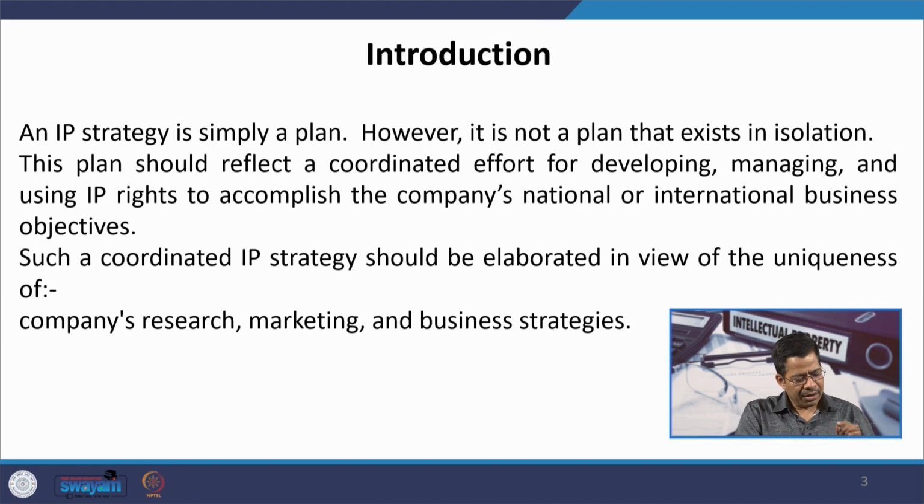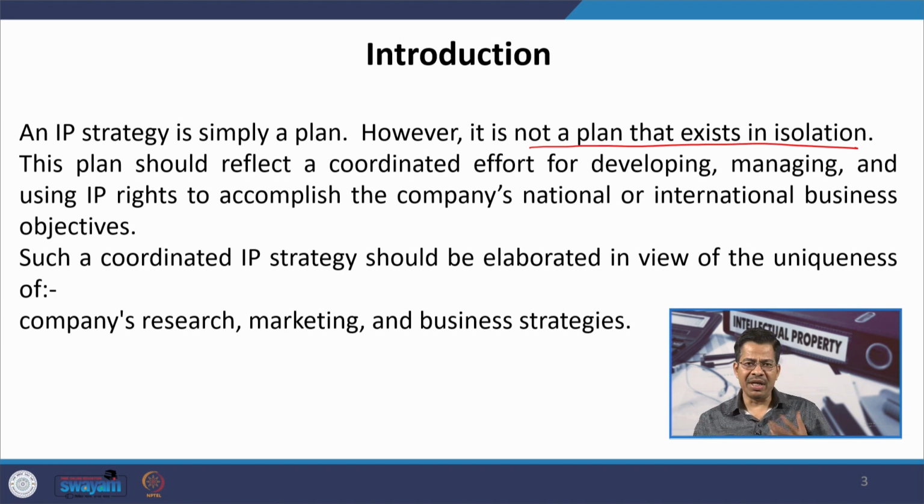Now, when I am talking of IP strategy, one important thing we need to understand is that it is not going to work in isolation. It is one of the functional level strategies, and any functional strategy cannot work in isolation. What does it mean?